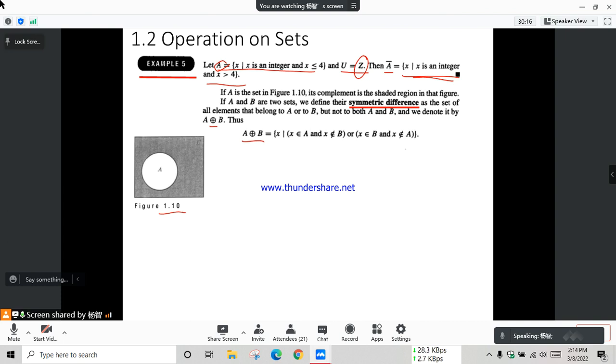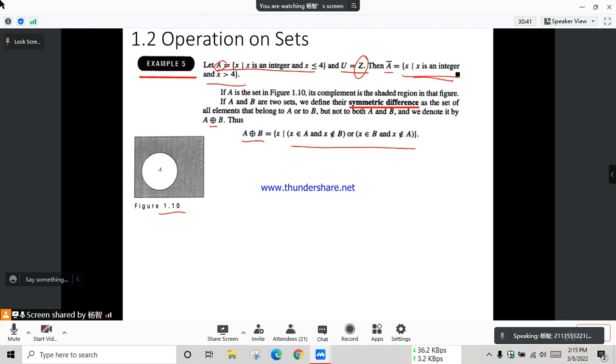The symmetric difference of A and B equals a set that includes an element satisfying this condition: it belongs to A and not to B, or it belongs to B and not to A.